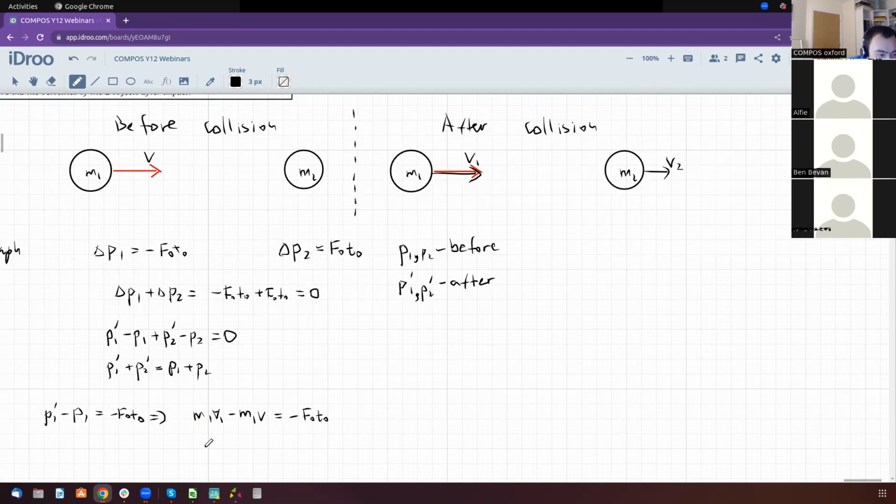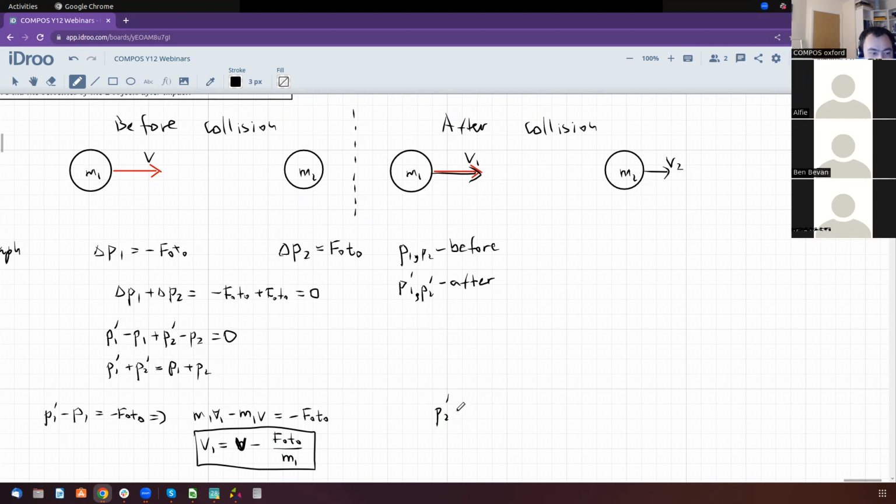We can divide by M1 and get V1 is equal to V minus F0 T0 divided by M1. So that's the velocity of the first object after the collision. M1 slows down because of the collision. And M2 will speed up.